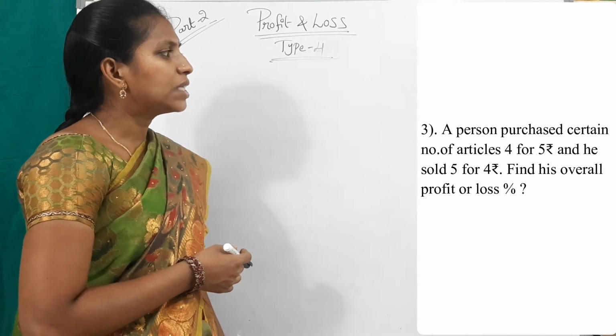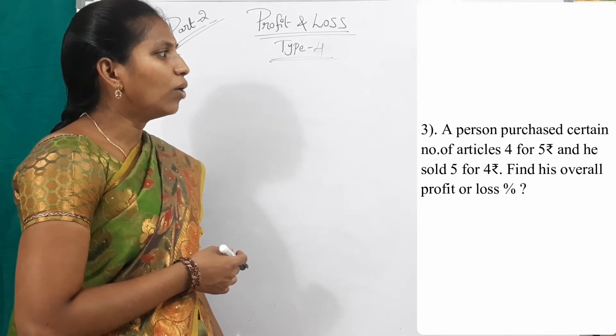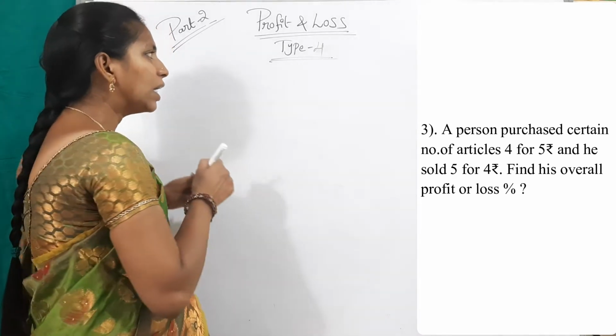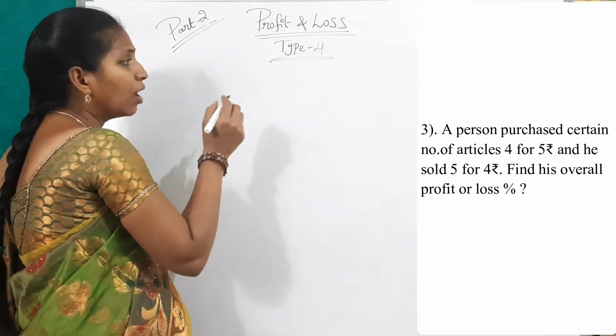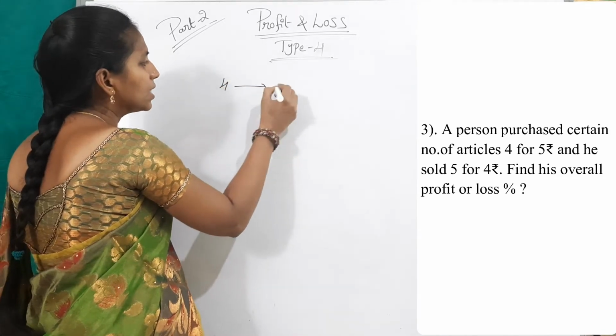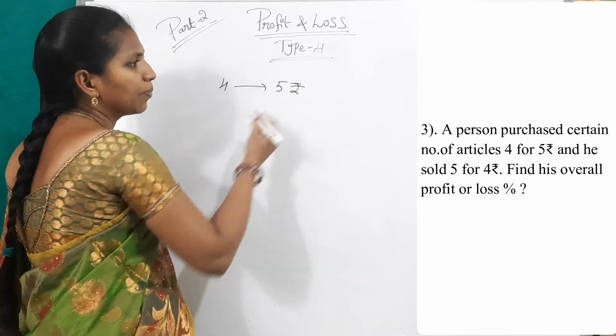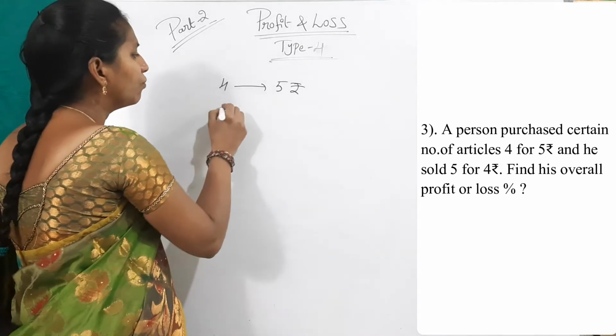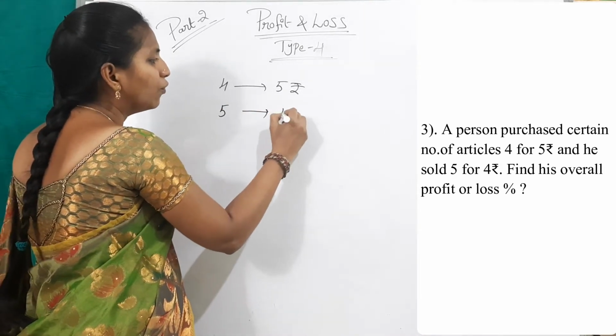Third one, a person purchased a certain number of articles, 4 articles for 5 rupees, and he sold 5 articles for 4 rupees.